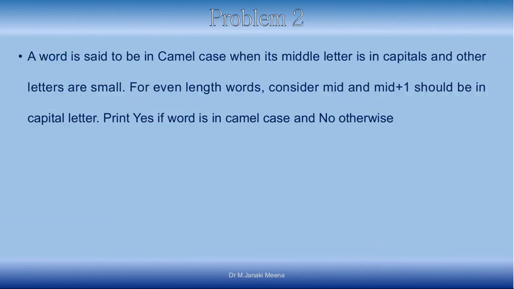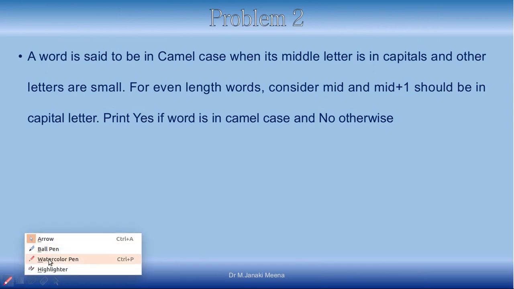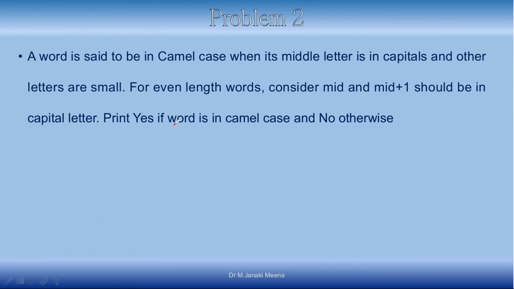Yeah, this is problem 2. In this problem, what we are going to do is read a word and find out whether it belongs to camel case. When we say it belongs to camel case, if the middle letter is in capitals and all other letters are in small, then we say the particular word is camel case.